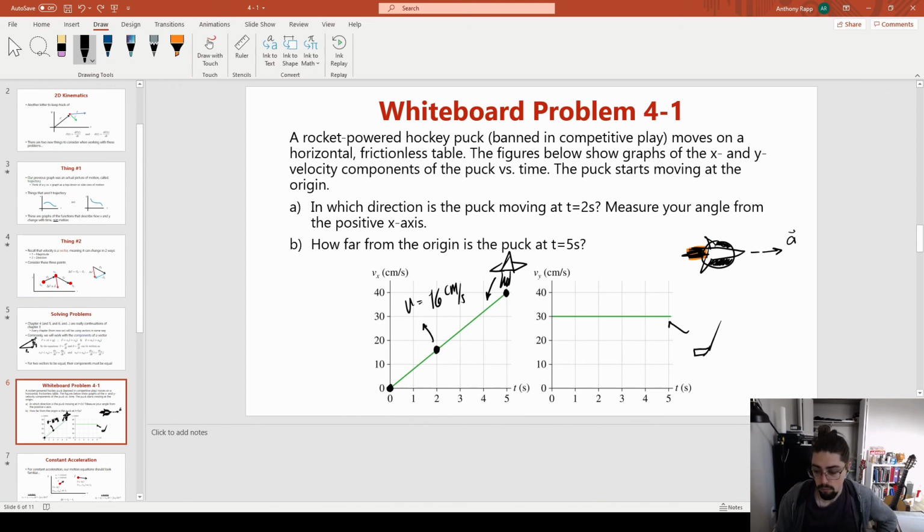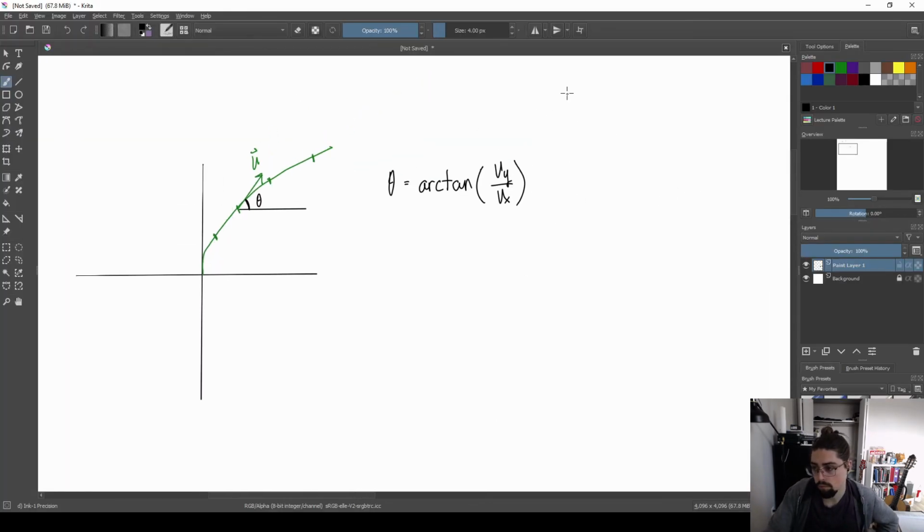Question for everyone. Looking at this right now, V of y is equal to 30 centimeters per second. V of x is equal to 16 centimeters per second. Do I have to convert these into standard units?